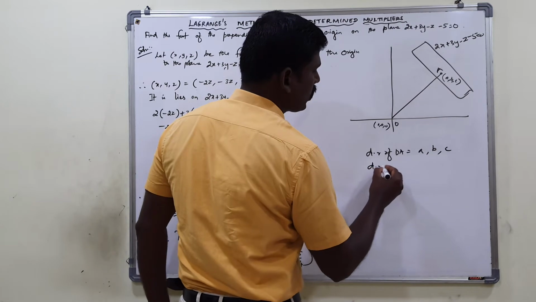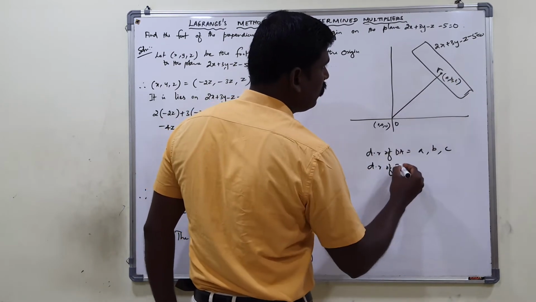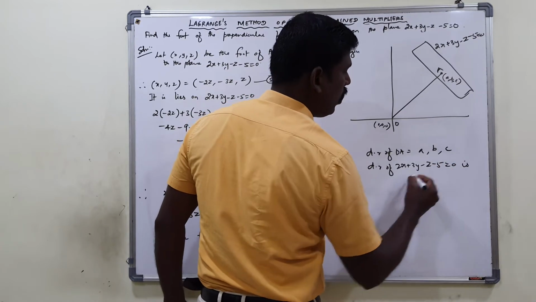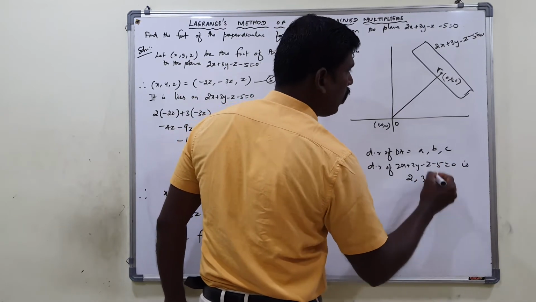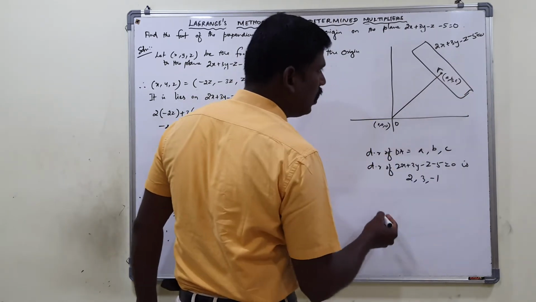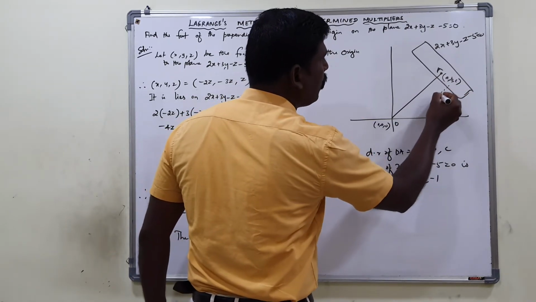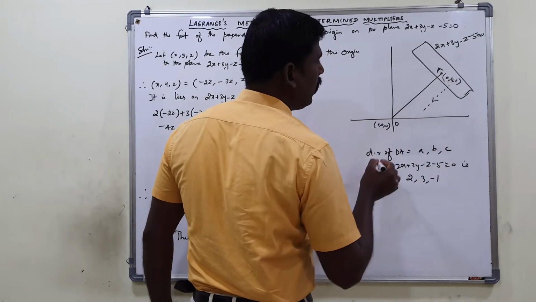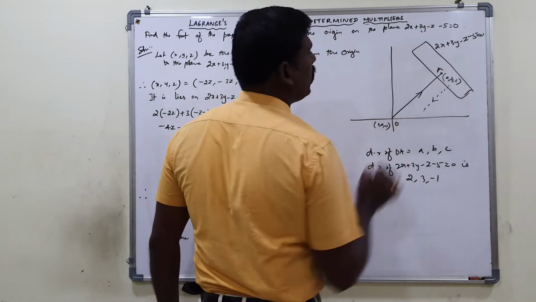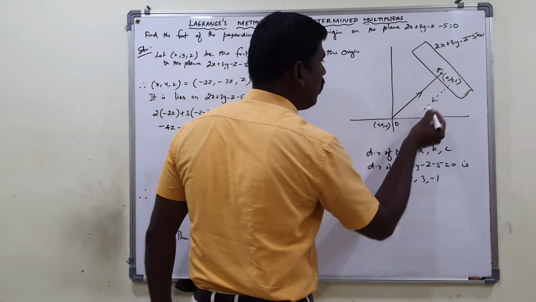The direction ratio of the plane 2x plus 3y minus z minus 5 equal to 0 is what? 2, 3, minus 1. The coefficients of x, y, z are the direction ratio of this plane. Okay, so the direction ratio of the plane is always perpendicular to the given plane. The direction ratio of the straight line is always along the straight line.